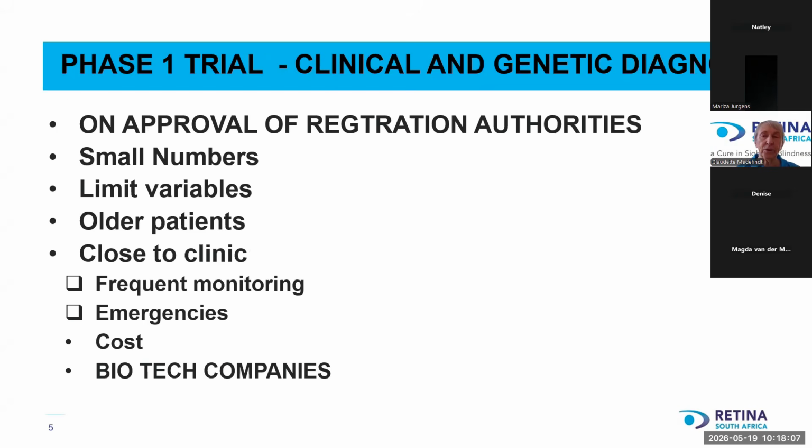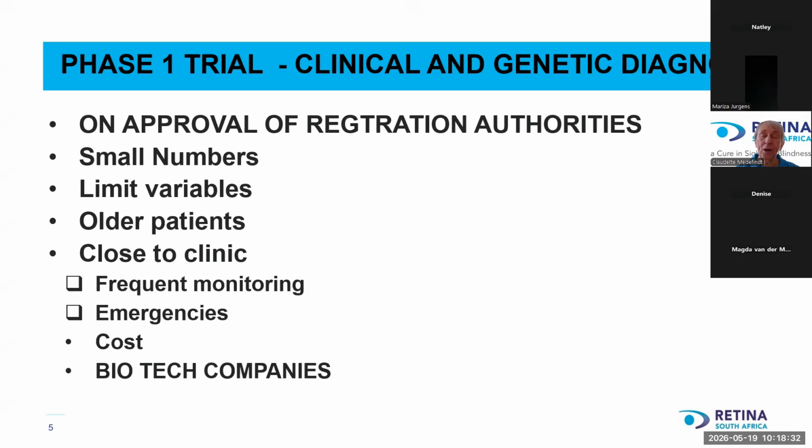So what is a phase 1 clinical trial? We said, on approval of registration from the authority, it's small numbers, and they need to limit the variables. If you are having a trial to test retinitis pigmentosa, you want to know that everybody in that trial, their disease is going to follow a similar pattern.